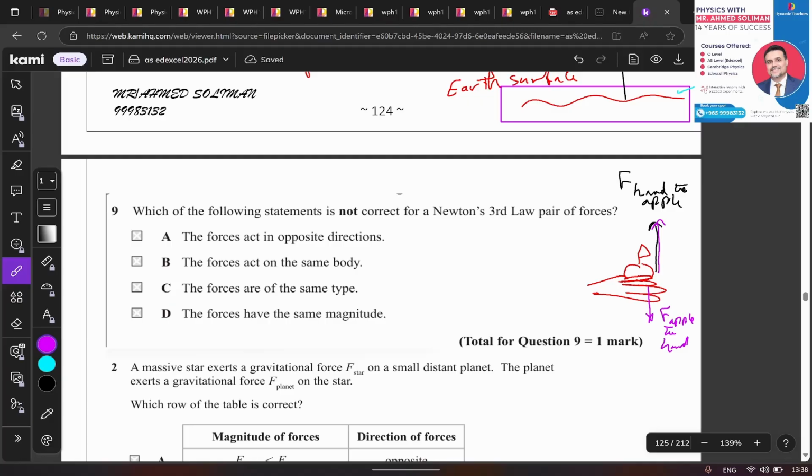For example, if you are talking about the Earth and the Moon, we can say there is an attraction or gravitational force from the Earth to the Moon, and a gravitational force from the Moon to the Earth.